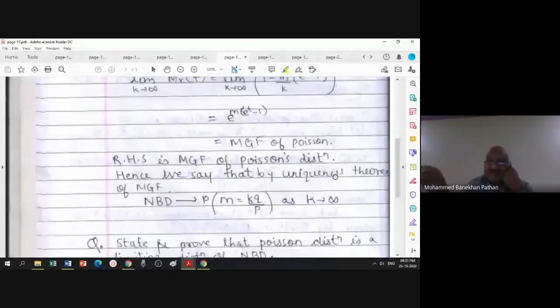For every distribution, there is a unique MGF, and for every MGF, there is a unique distribution. So this MGF is only for Poisson. So I say NBD follows Poisson with parameter m equals KQ by P as K goes to infinity.